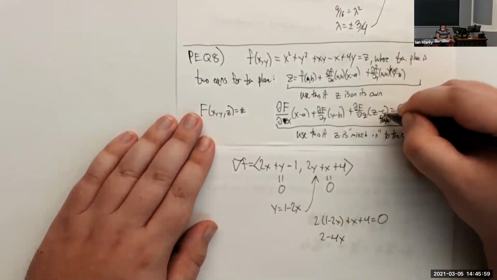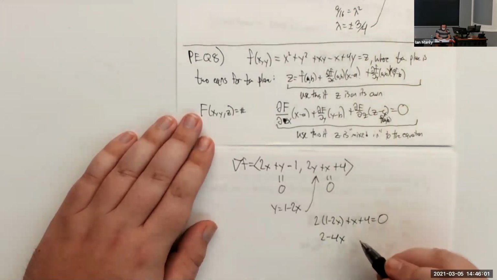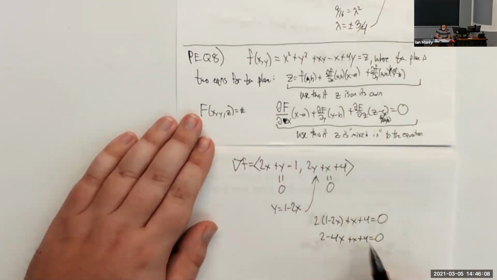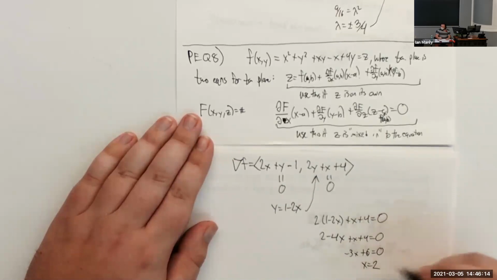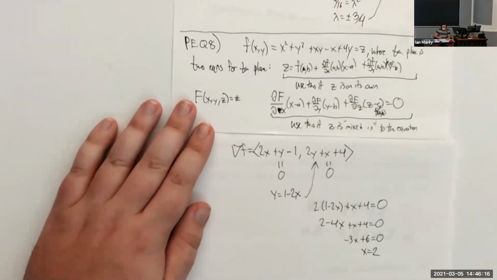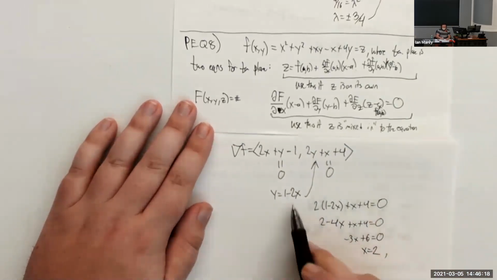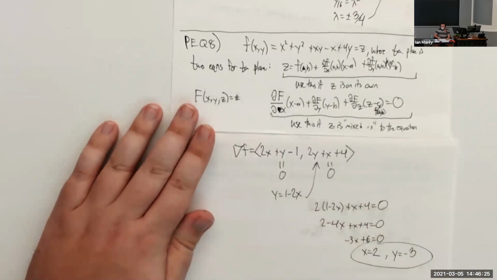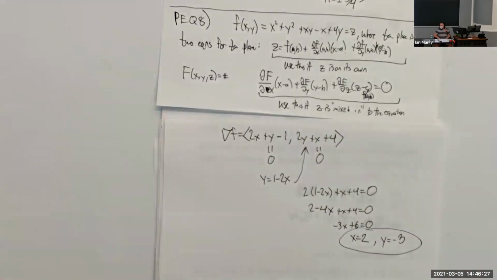It's just another name for c here. Anyways, we have plus x plus 4 is 0. We're going to get 6 here. We have negative 3x plus 6 is 0. That means x has got to be 2. And then y, if I plug this back in, ends up being negative 3. So we're going to have a horizontal tangent plane at the point (2, negative 3).